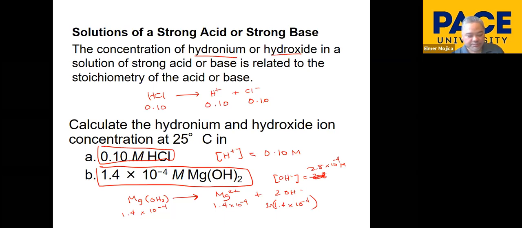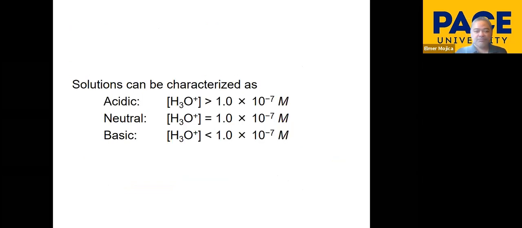And based on the concentration of your hydroxide and hydronium ion, you can predict whether you have an acidic solution, a neutral solution, or a basic solution. What do you think is the basis that you have there?